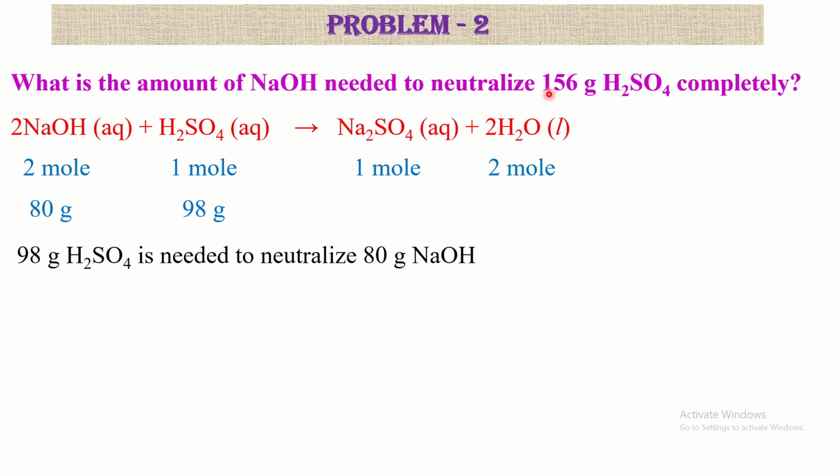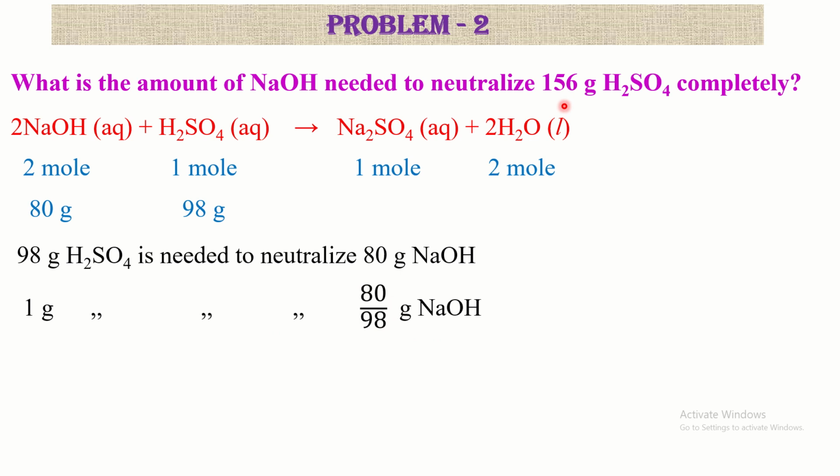Here it is given that 156 grams sulfuric acid is needed to neutralize how much sodium hydroxide. So here also we will do the unitary math. Here 1 gram sulfuric acid is needed to neutralize 80 divided by 98 gram sodium hydroxide.